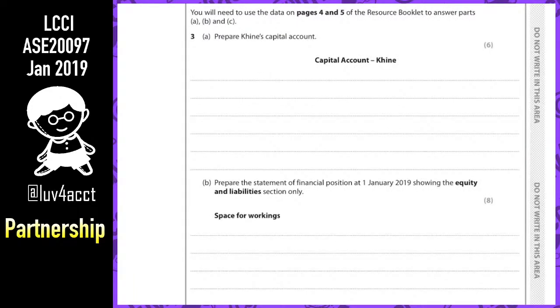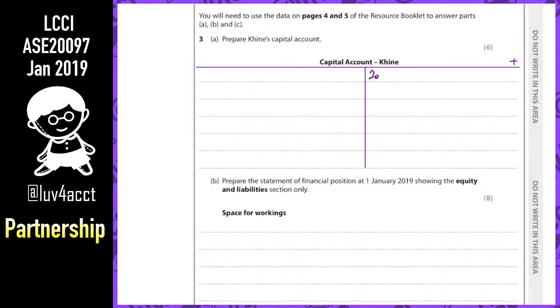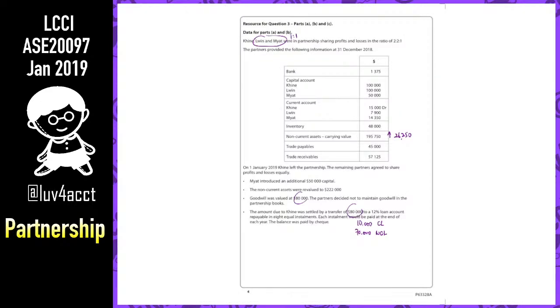So here, the capital account is on the credit side, so it goes here. Everything happens on the 1st of January, so year 2019 here. On the 1st of January, we have the balance brought down, and also we will transfer the balance because he is leaving.